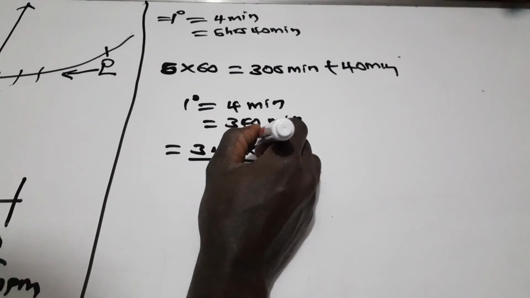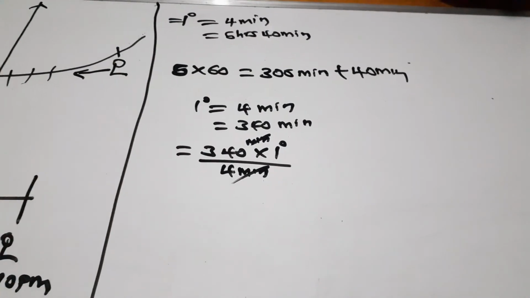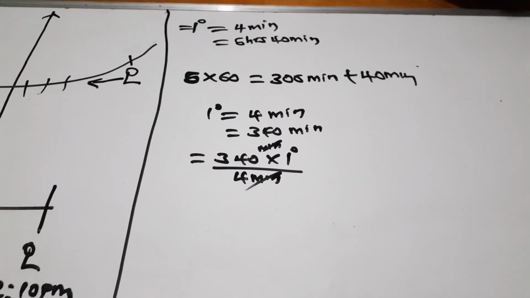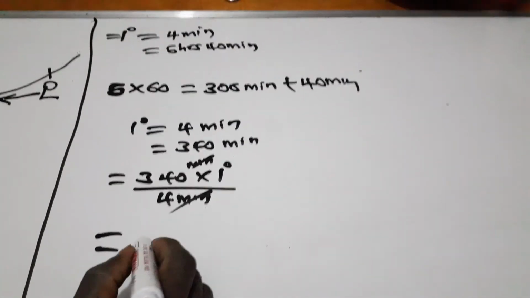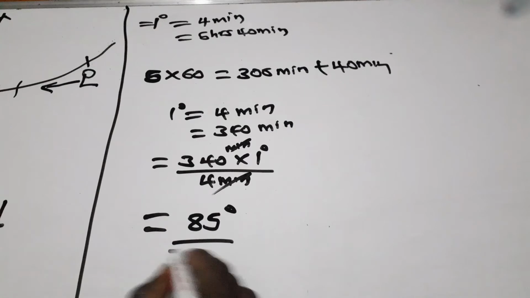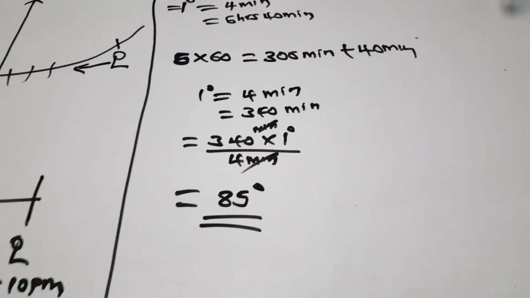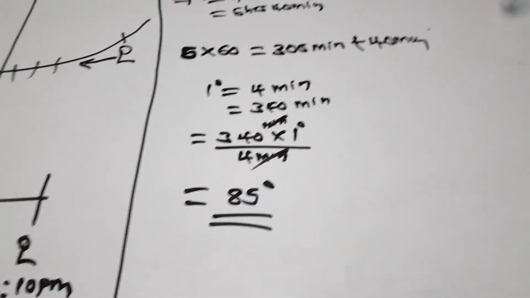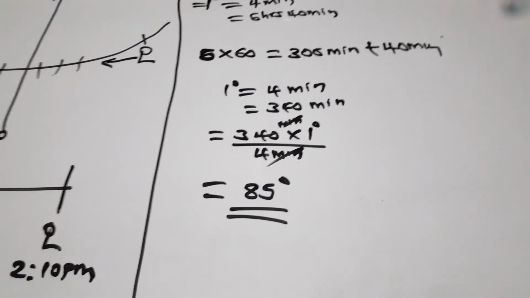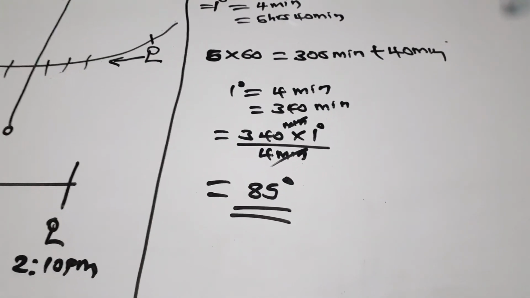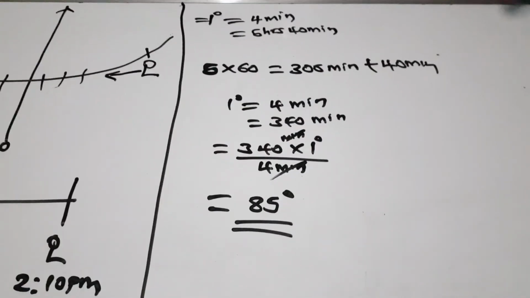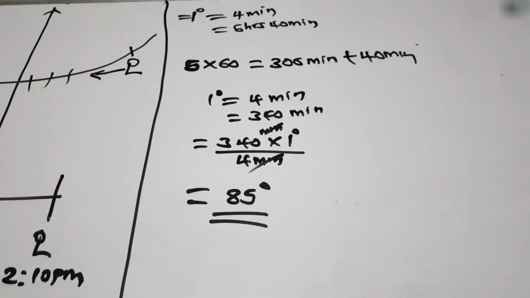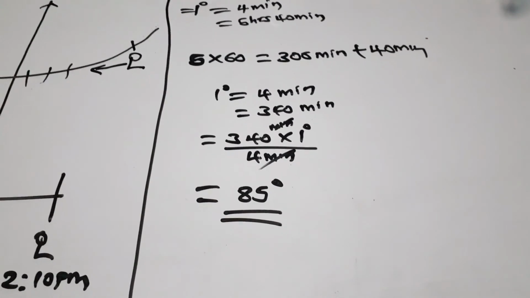And this is minutes, so these minutes will cancel. So 340 divided by 4 is going to give us 85 degrees. So the first question we've answered, the longitude difference. Q is ahead of P by 85 degrees, so it means that Q is 85 degrees east of P. Are we together?